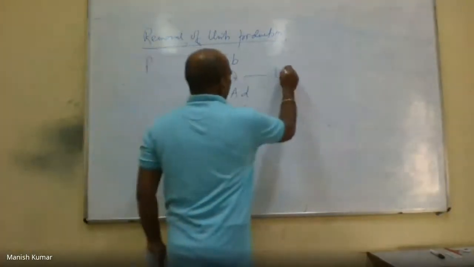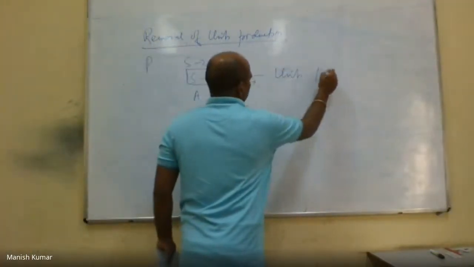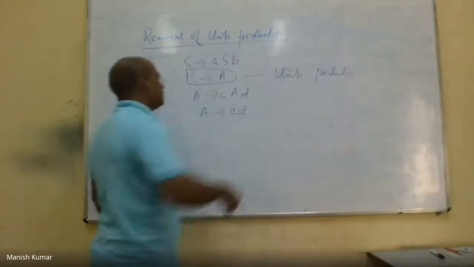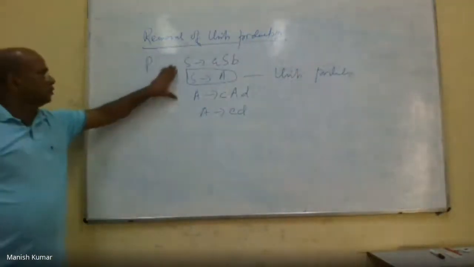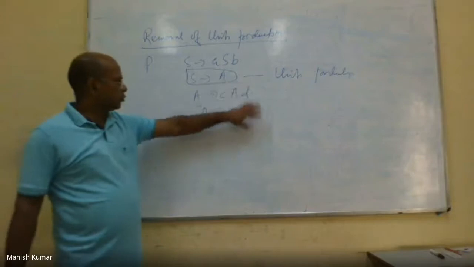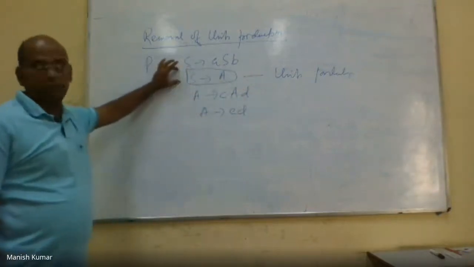This is a unit production, because there is no epsilon production in this case. Now you have to remove this.